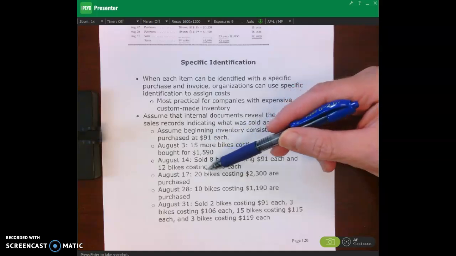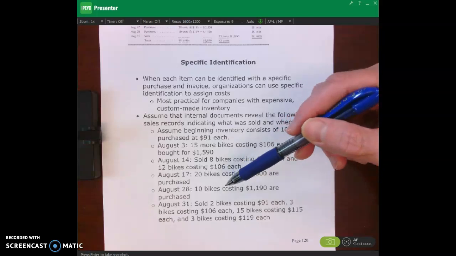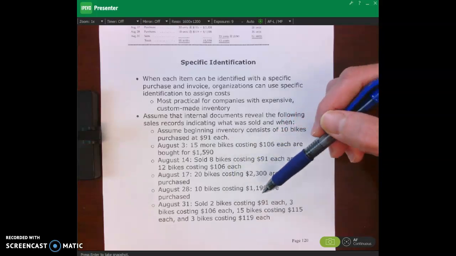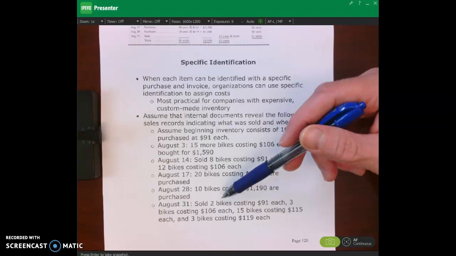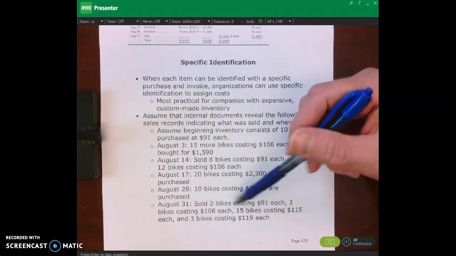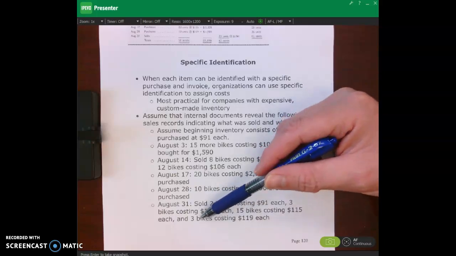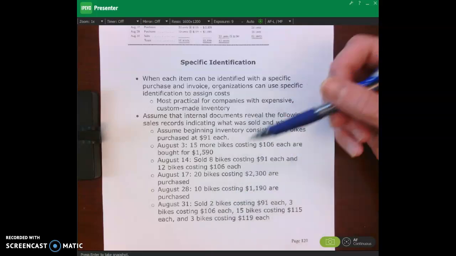On August 17th, we bought another 20 bikes at $115. On August 28th, we bought another 10 bikes at $119. And then on the 31st, we sold 2 bikes that cost $91 each, 3 bikes that cost us $106 each, 15 bikes that cost us $115 each, and 3 bikes that cost us $119 each.